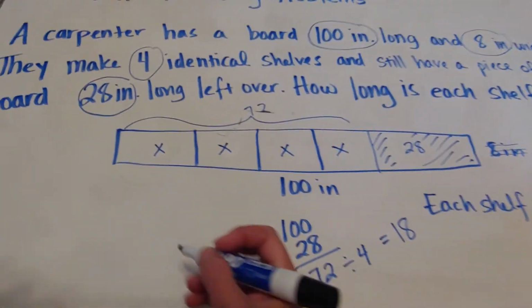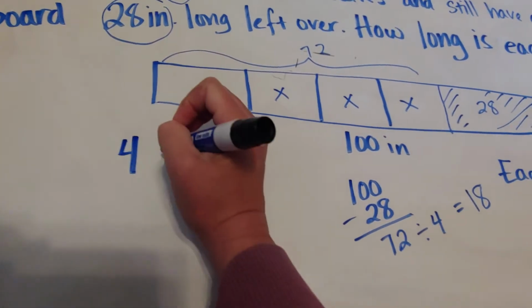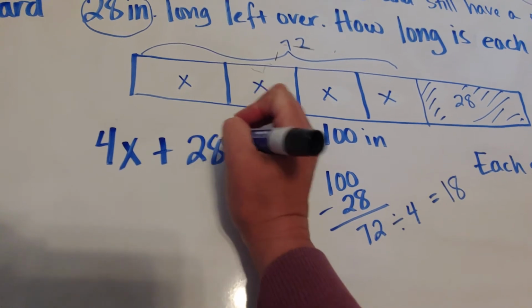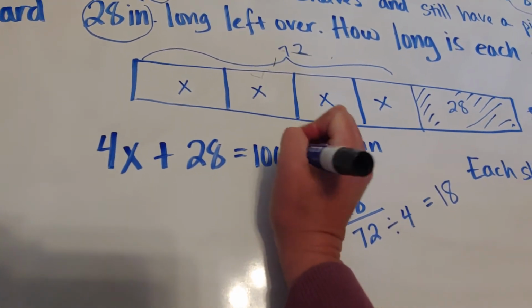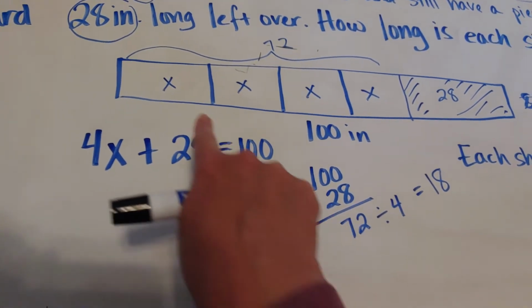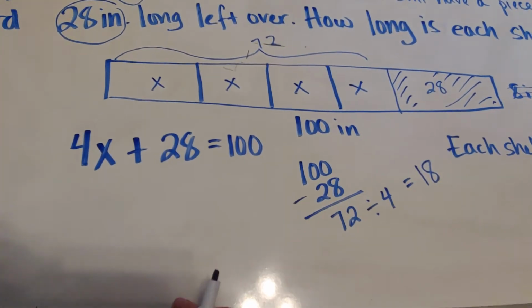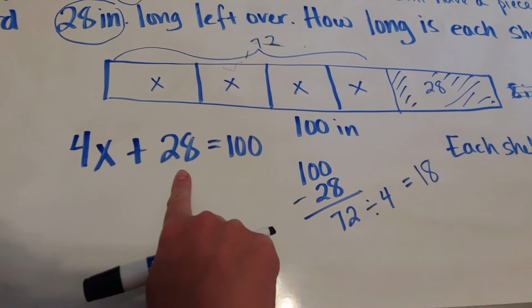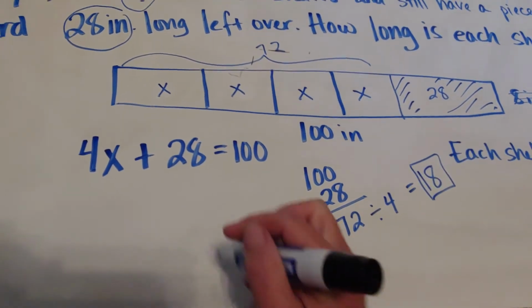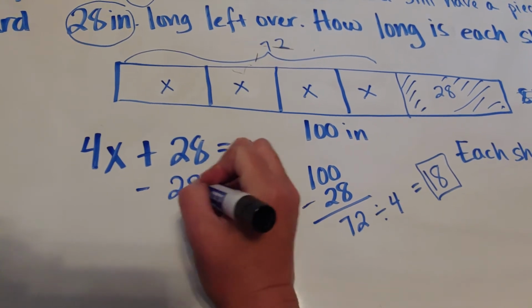So that would be the same thing as having the equation 4x, and when I add 28, I get the whole thing of 100. So yes, this is the algebraic equation that represents this picture. Okay, so if we go ahead and solve this, what we're going to find is our same answer of 18. For those who would like to solve it, sure, we can do that.